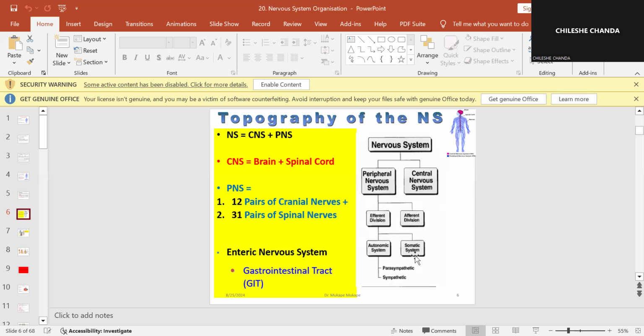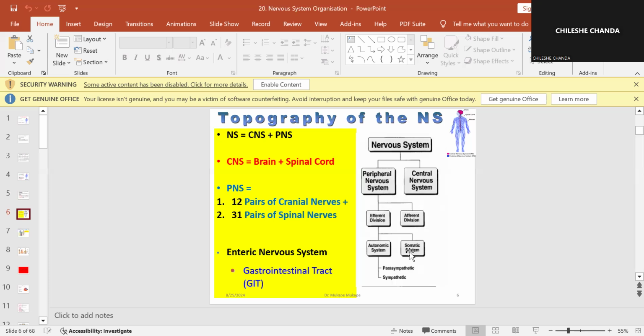Now, the somatic system is that system that comprises voluntary organs. For example, the muscles of the arms and the muscles of the legs, the ones that you are able to move with your conscious will.